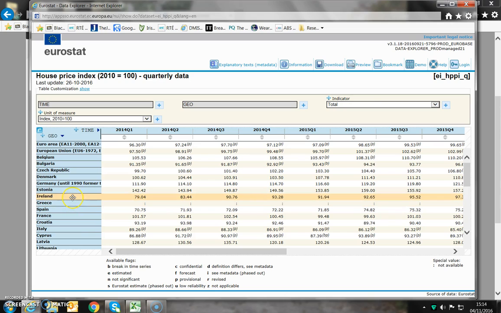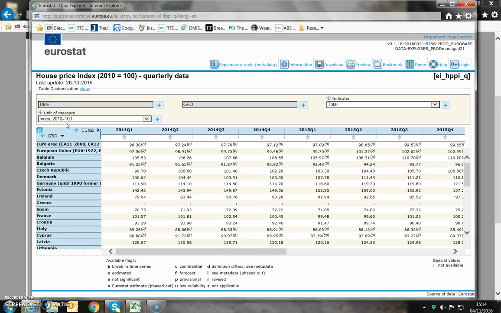So if we take a look at Ireland, 2014 quarter 1. Now compare that to 2010. We're just looking at 2010 is equal to 100. 2010 is the base year. So equating the prices in 2010 to 100, we can look at the percentage change in prices over time.